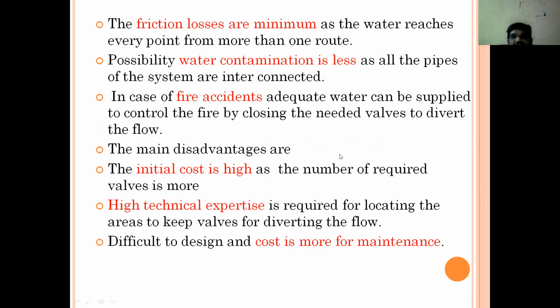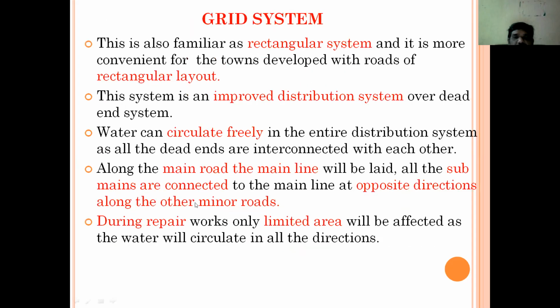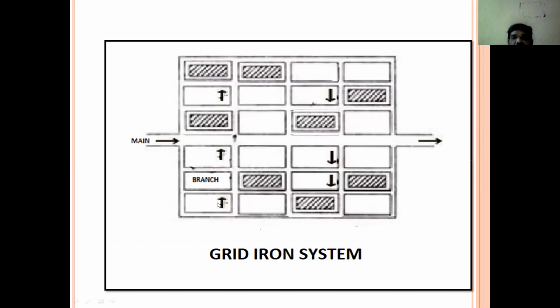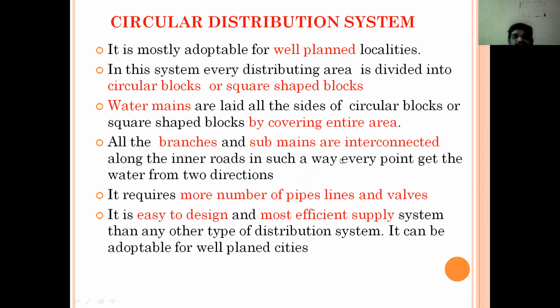This is the main road where the main pipeline is laid. Branch pipelines are connected to this main line in opposite directions along the direction of minor roads.